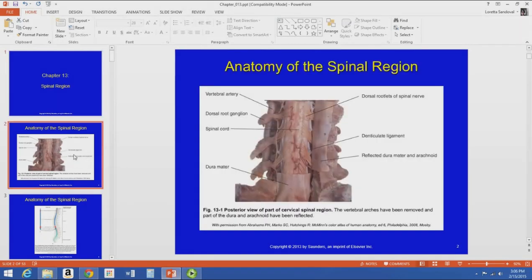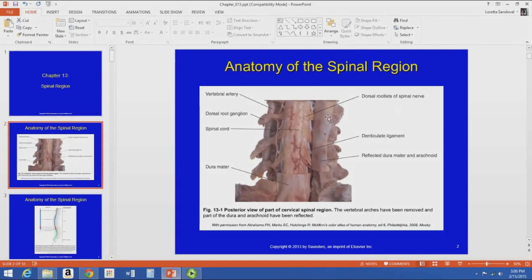So in the book there's some really nice cadaver anatomy pictures, and this one shows the posterior part of the cervical spinal region, and they've removed the vertebral arches, so they've cut through the lamina. You can see where the transverse processes would be, and the spinous process has been removed, and part of the dura mater and the arachnoid have been reflected.